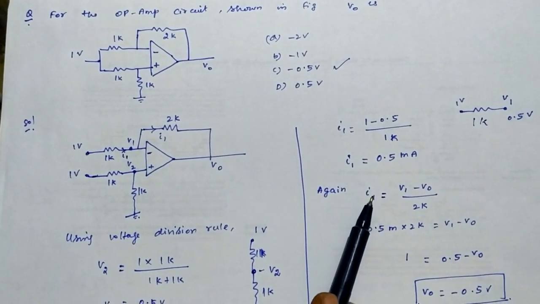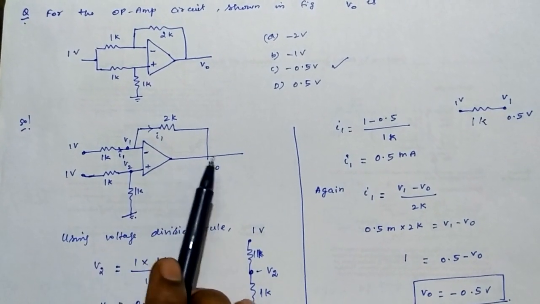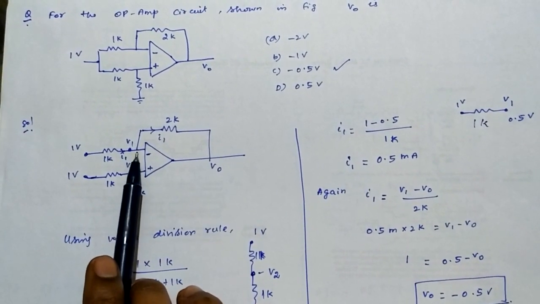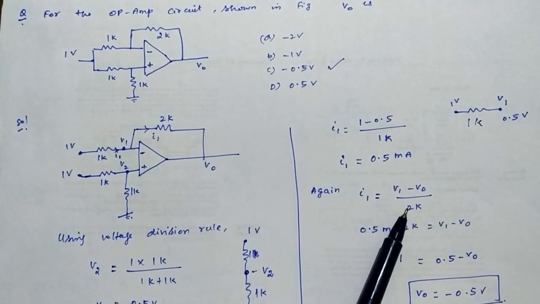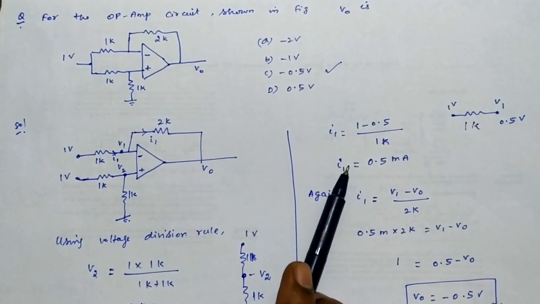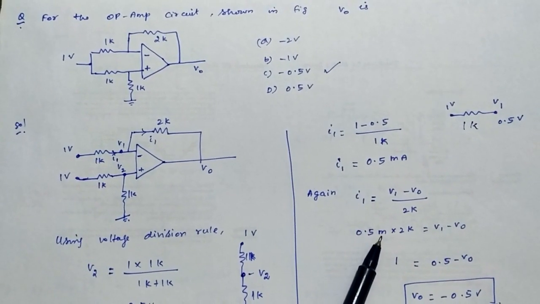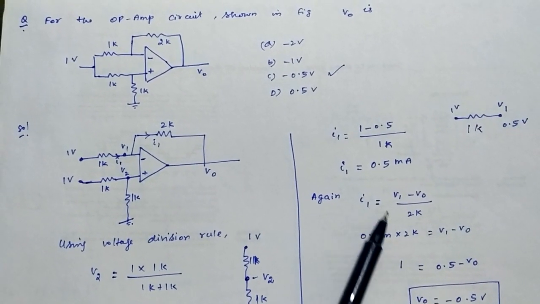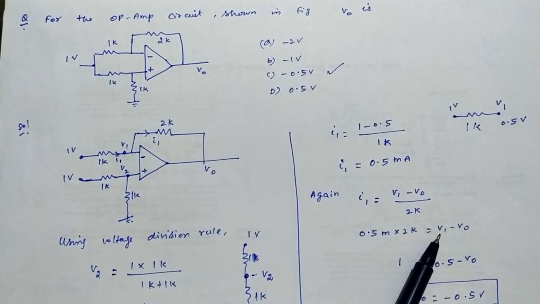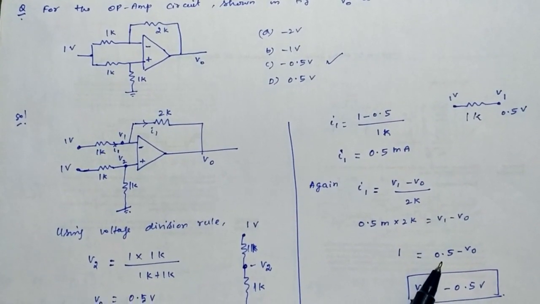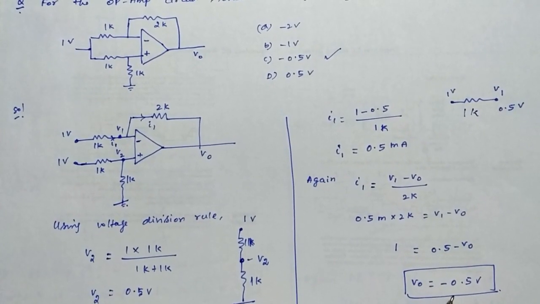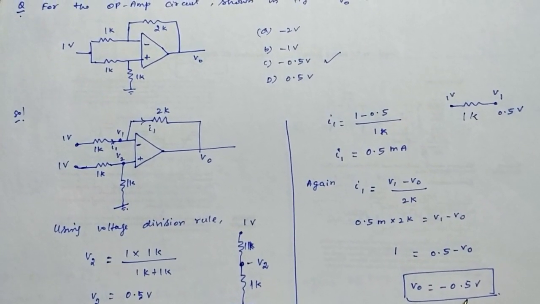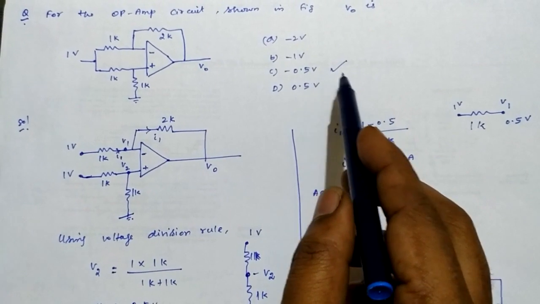So I1 is equal to the potential difference V1 minus V0 divided by resistor. As we calculated, I1 is 0.5 milliamps, multiplied by 2k, and V1 we calculated previously as 0.5. From this we get V0 equal to minus 0.5 volt. So minus 0.5 volt is the answer.